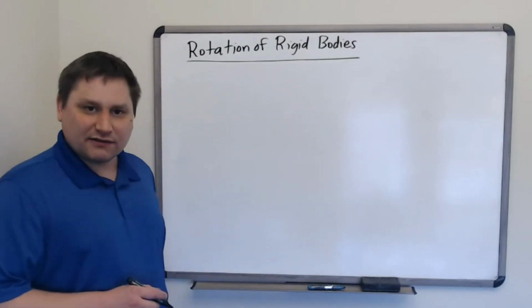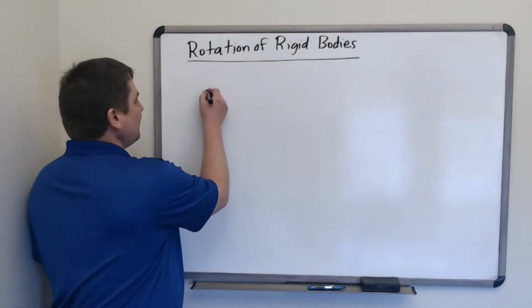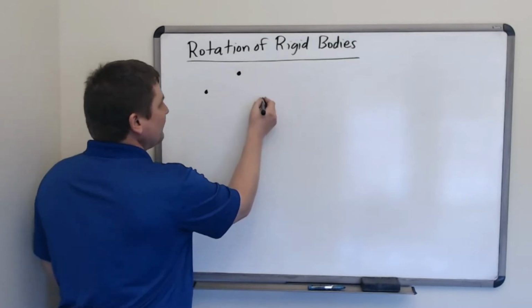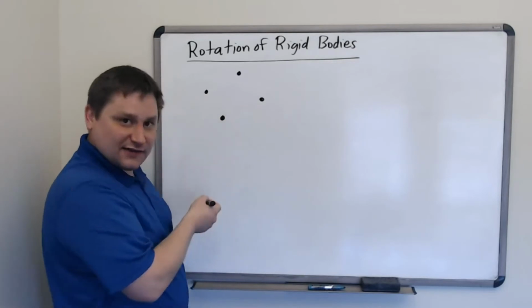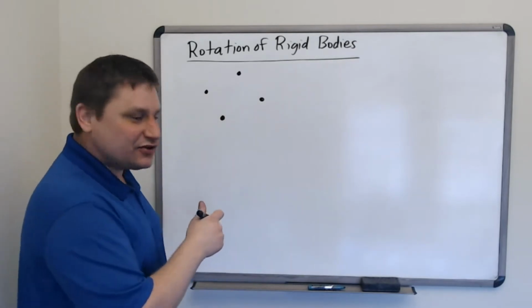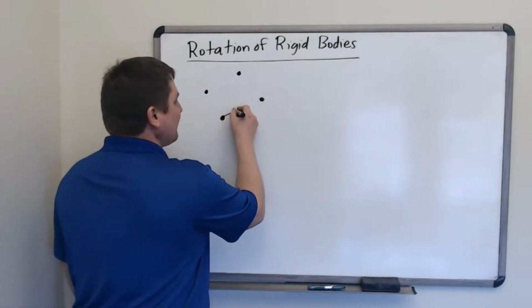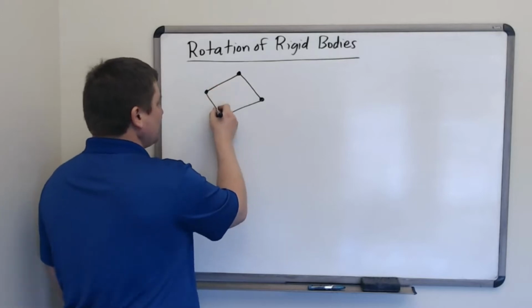What we'll consider is the rotation of what's called a rigid body. A rigid body is one where we envision that the pieces of the object, whether you think of these as the atoms or the individual nuts and bolts of the machine, maintain a constant distance to one another.